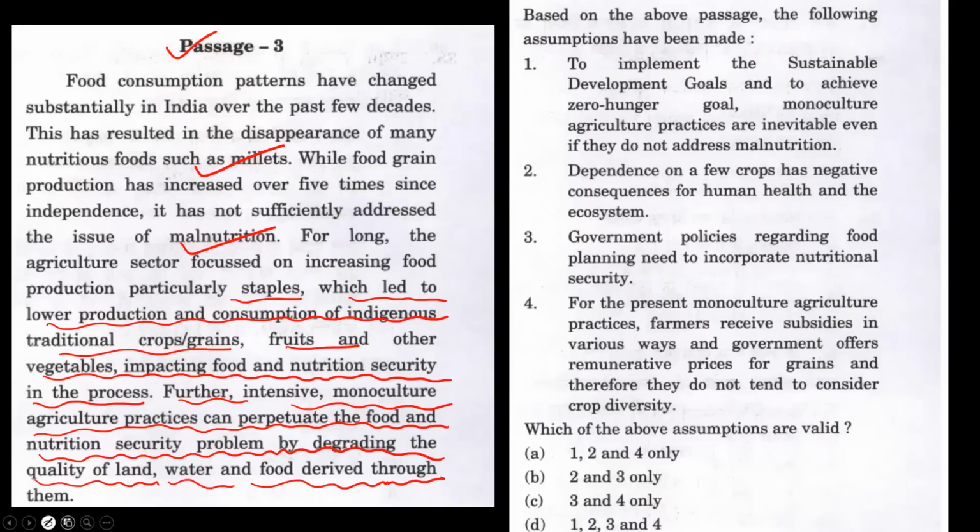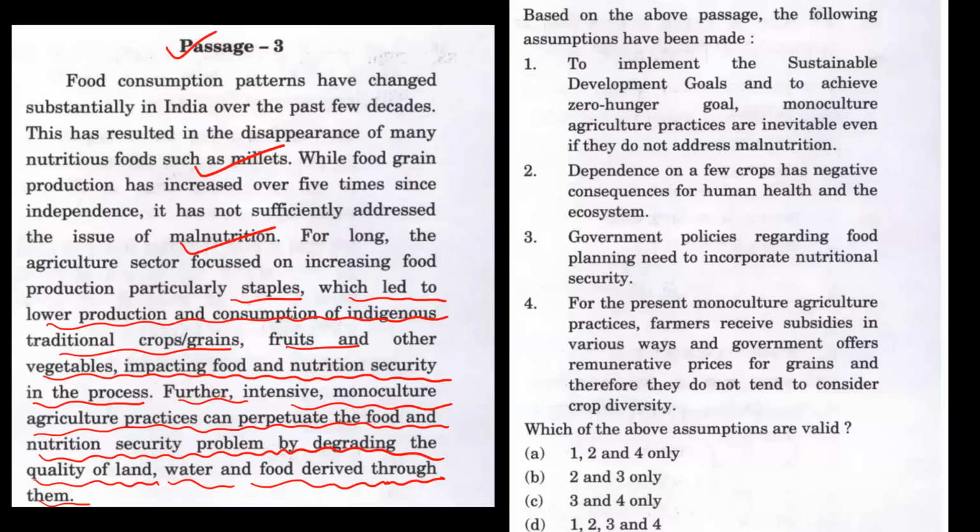food derived through them. So the passage is saying that the food consumption pattern has changed in India. We have ignored millets, and we have focused on staples.